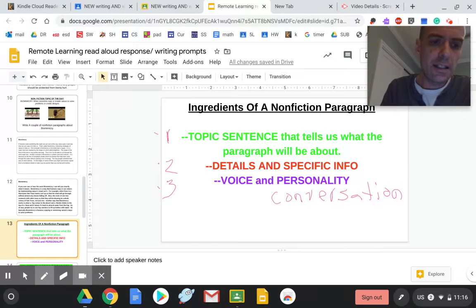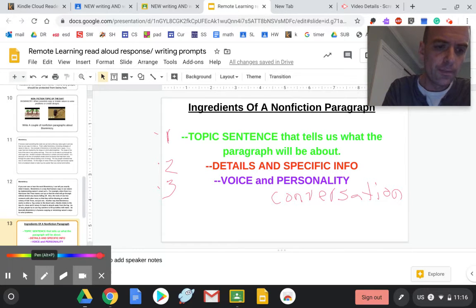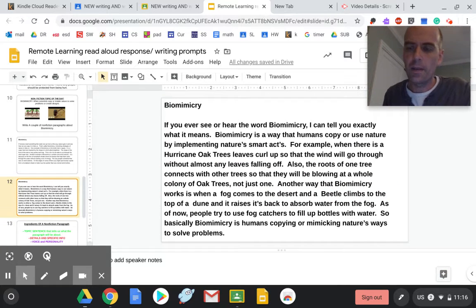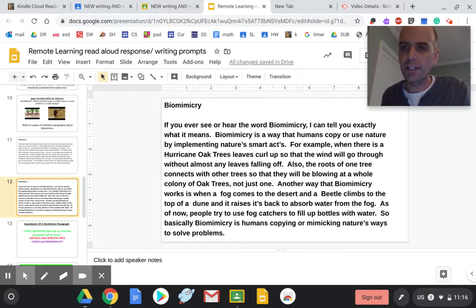Now, let's color code a few examples of actual work from the class and notice these things. So let's find the topic sentence in this passage that one of you wrote. If you ever see or hear the word biomimicry, I can tell you exactly what it means.